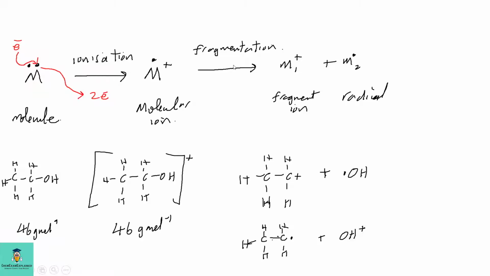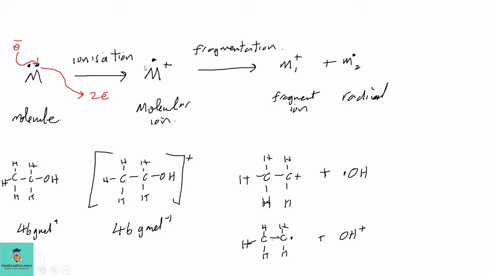Here's an example of what is taking place in the mass spectrometer. In this case, we're looking at a molecule that will be bombarded by electrons from the electron gun. The electron from the electron gun will remove an electron from the molecule, forming the molecular ion or the parent ion.